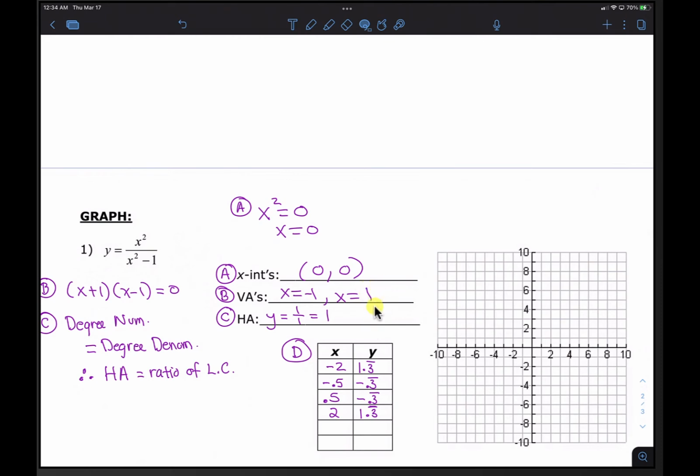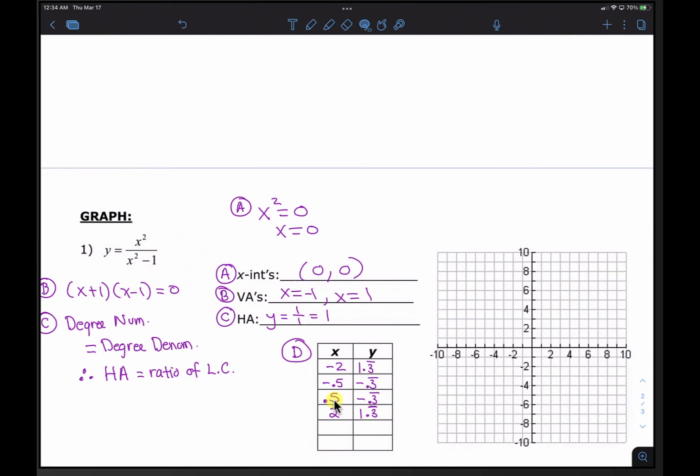And a number close to positive 1 would be positive 2 on the right. But you'll also want to pick a couple of numbers that are in between negative 1 and positive 1, and also on the other side of 0. So we choose negative 0.5 and positive 0.5.